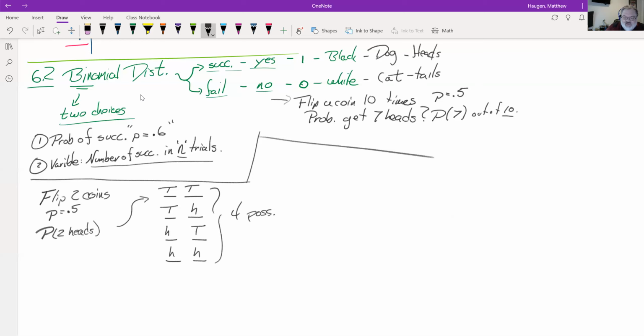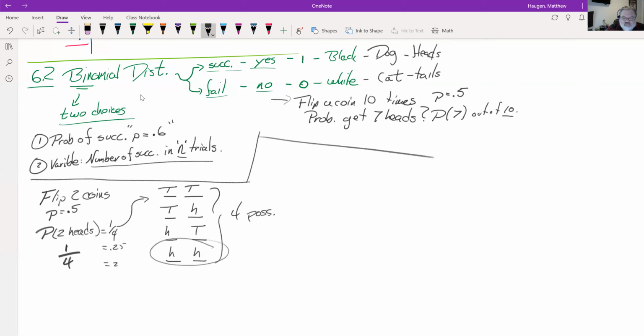How many times did we get 2 heads or 2 successes out of those 2 trials? Well, it only happened once. So probability of getting 2 heads, it only can happen one way out of the 4 possible things that can happen. So the probability of getting 2 heads, 1 out of 4, or 0.25, or 25%.